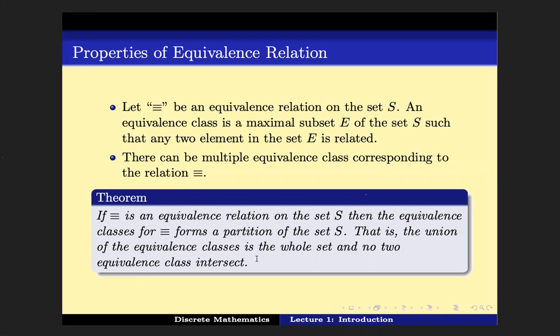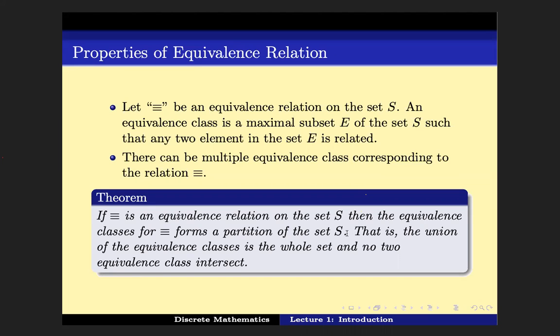So either the equivalence class of x intersected with the equivalence class of y is empty, or the equivalence class of x is exactly equal to the equivalence class of y. And not only that, if you look at all the equivalence classes, you get a partition.